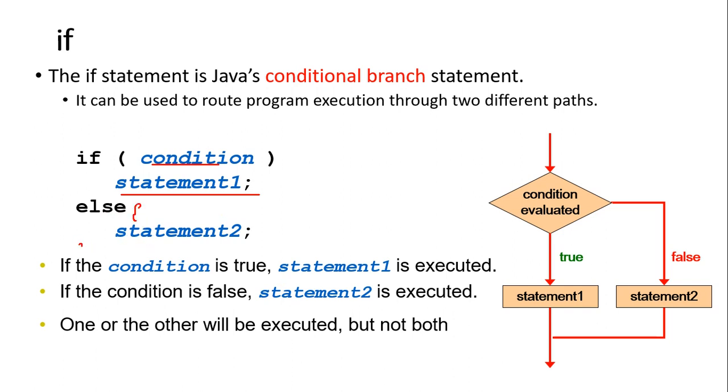So can I put the block here and not put the block on the other side? This is perfectly valid. It's not that if you are putting a flower bracket here, you are supposed to put the flower bracket there. Such a rule is not there. If there is only one statement in the beginning, just write it without the flower bracket.